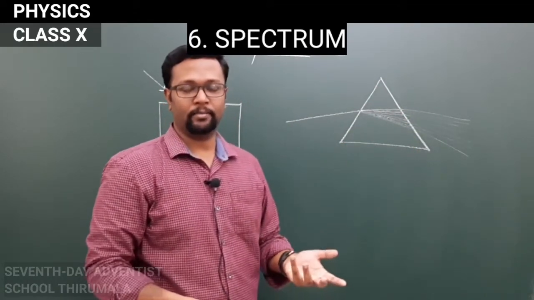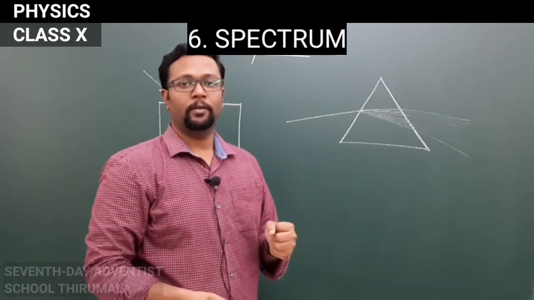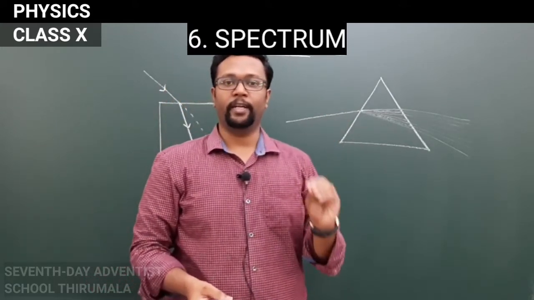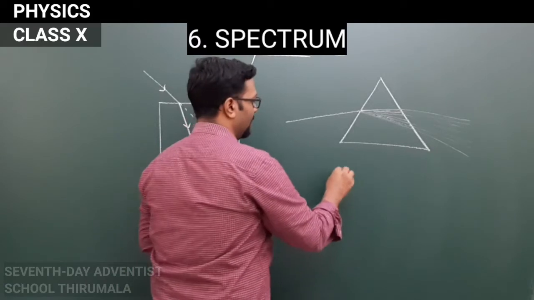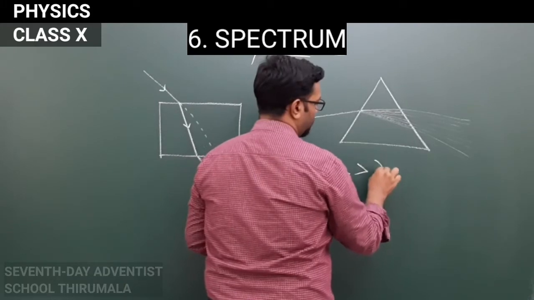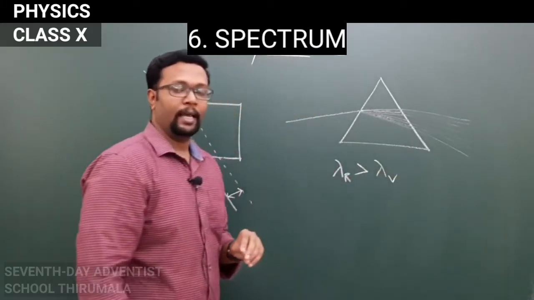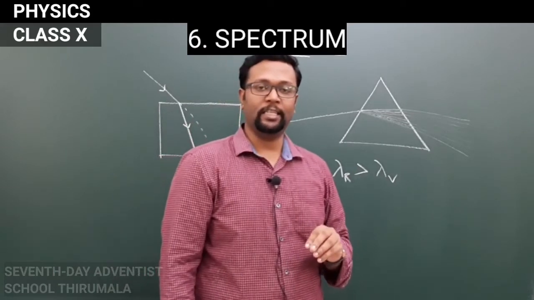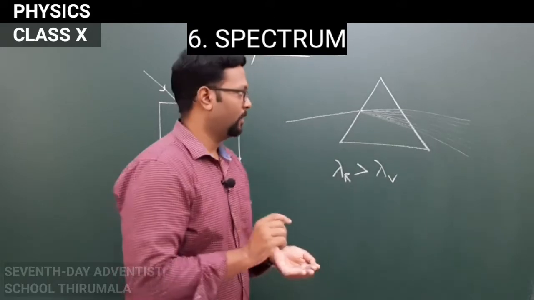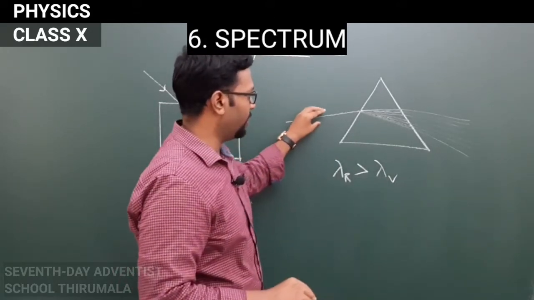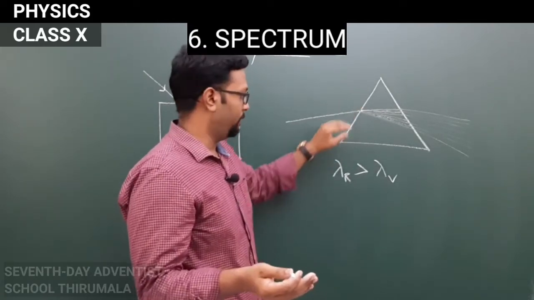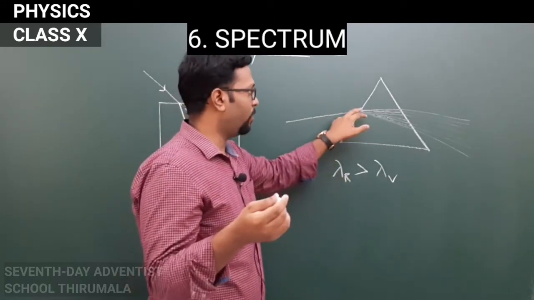Why did this splitting happen? It happened because white light is a combination of rays with different wavelengths. We already said that the wavelength of red is more than the wavelength of violet light. And while studying the factors affecting deviation, we discussed that higher the wavelength, less will be the deviation. So when white light with all the 7 colors reached this side of the prism, the red light, which has a higher wavelength, did not deviate much.